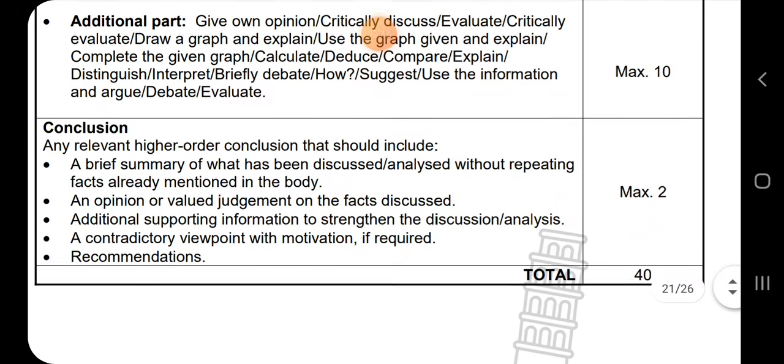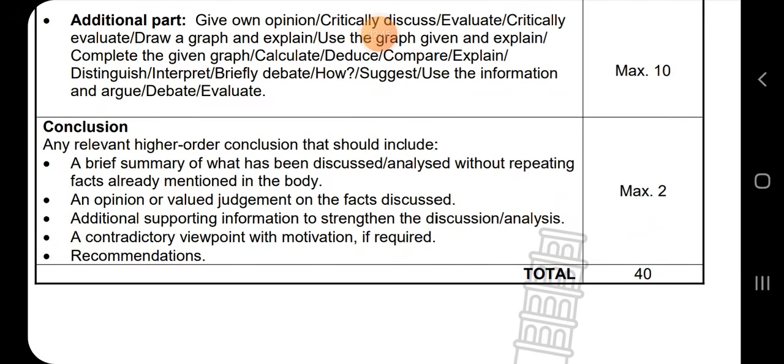And then in your conclusion, a brief summary of what has been discussed, analyzed without repeating facts already mentioned in the body. So let's say we are talking about why it's important to go to school. You give all your facts about why it is important to go to school. And then in conclusion, you say what you personally think is important about going to school.